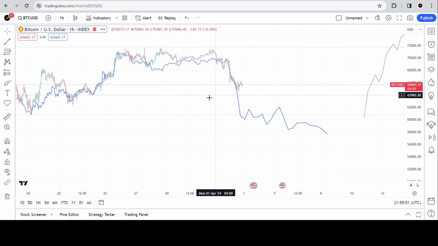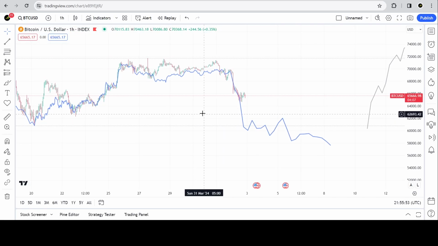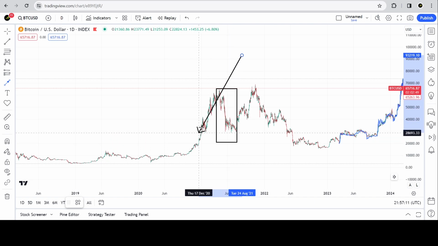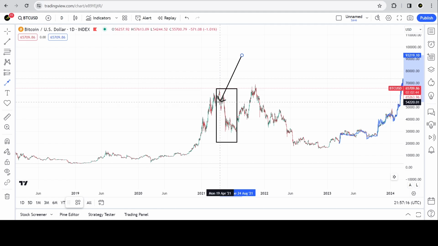If we jump over to Bitcoin, now this is on an hour candle. I believe we are currently working on this part of the 2021 bull run structure. I have been meticulously trying to keep up with this, and I believe Bitcoin has played out recently on a very small time frame.